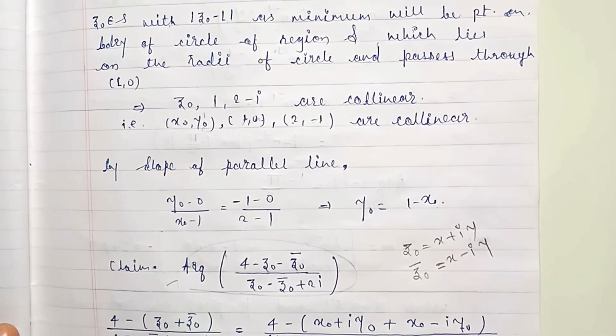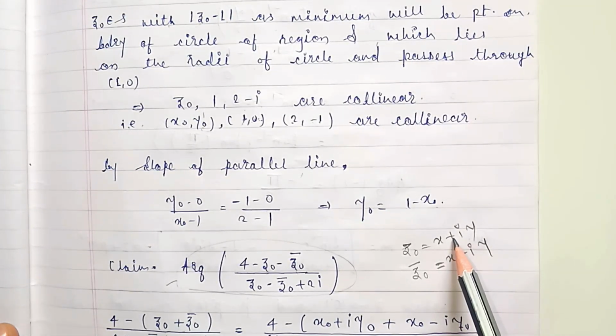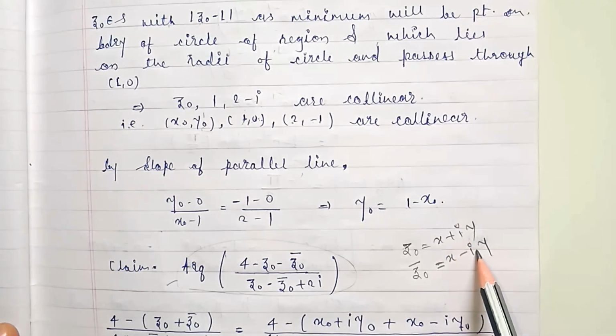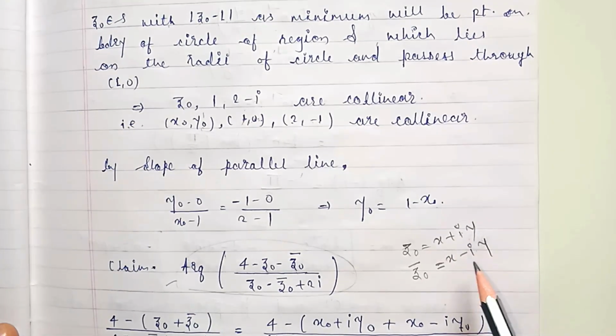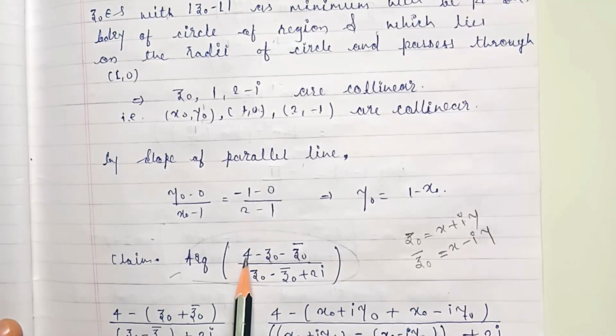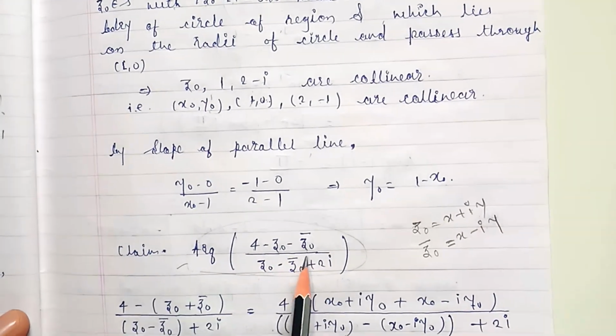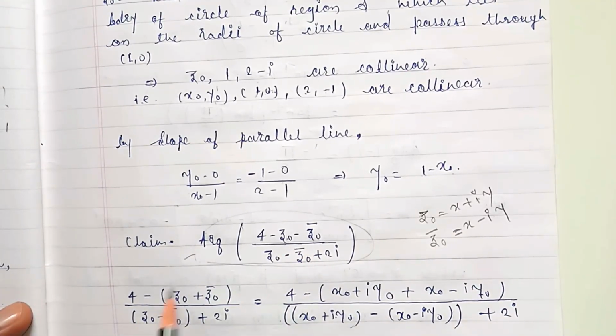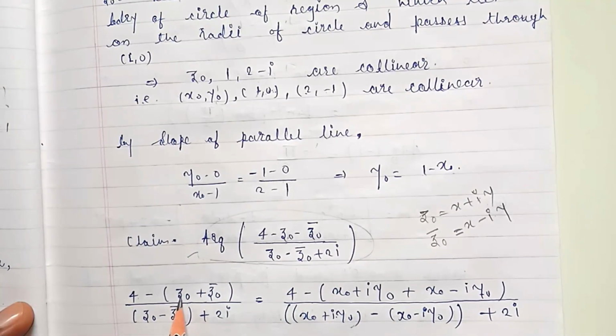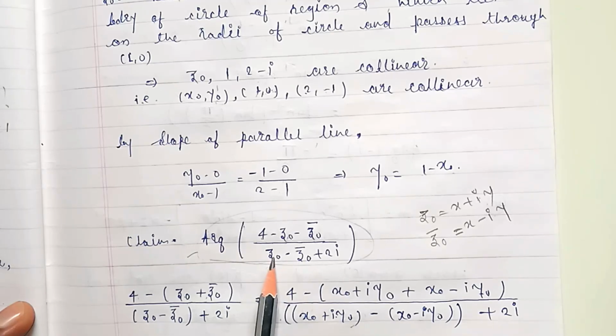Always remember, when we write the conjugate, we take the opposite sign of the i only. The term from the imaginary part, the conjugate affects only that term. Okay, so for 4 minus z naught minus z naught bar, take it into the simplest form: 4 minus z naught plus z naught bar upon z naught minus z naught bar plus 2i. Okay, as it is here.